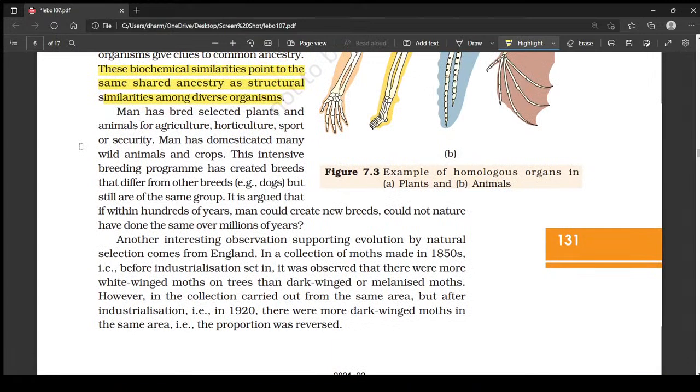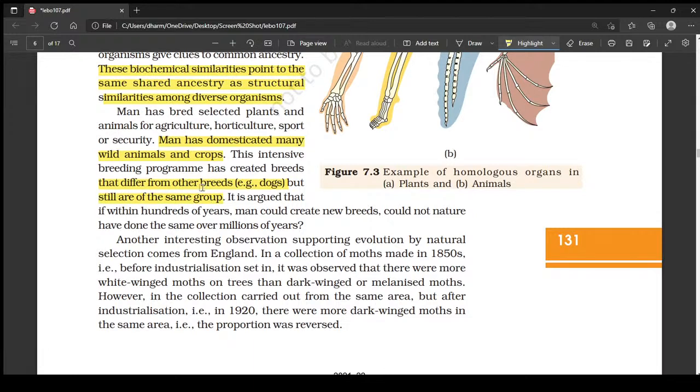Man has bred selected plants and animals for agriculture, horticulture, sports, or security. Man has domesticated many wild animals and crops. This intensive breeding program has created breeds that differ from other breeds, for example in dogs, but they are still of the same group.